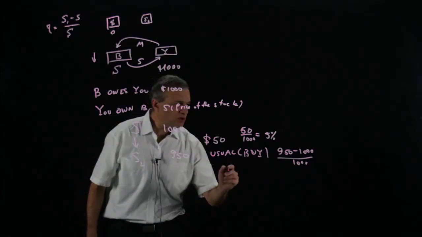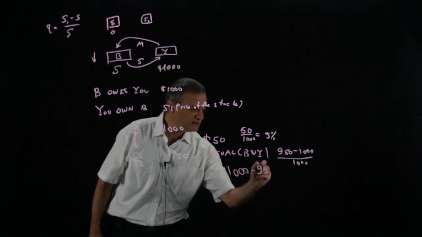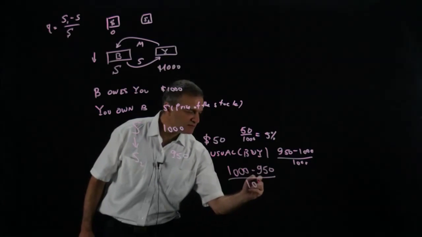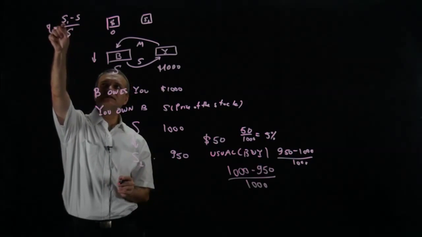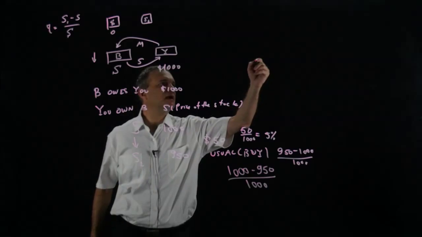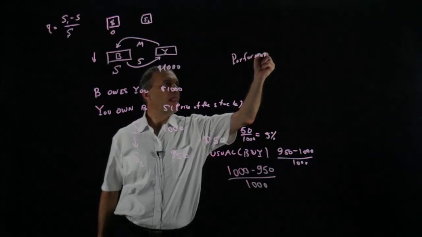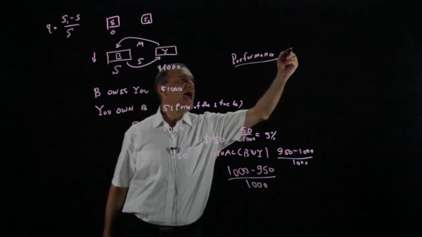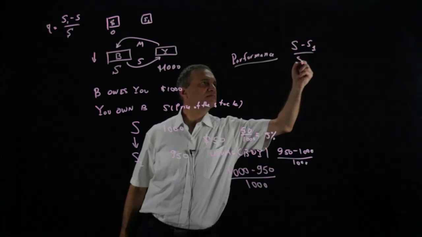Okay, you are going to get 1,000 minus 950 divided by 1,000. So you can see that if you had here S1 and S, you would swap them, and the performance now will be S minus S1 divided by S.